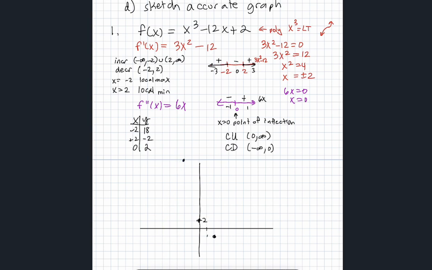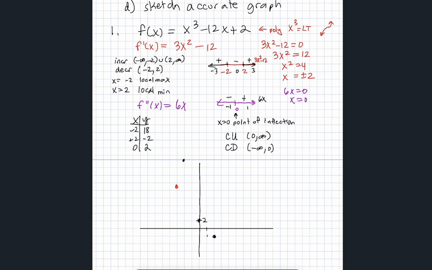If I plug in -3, I get -27 plus 36 plus 2, I get 11. So it hasn't come down a whole lot yet, but at -3, 2, 4, 6, 8, 10, I'm right here, okay?